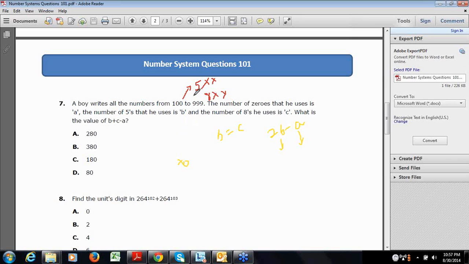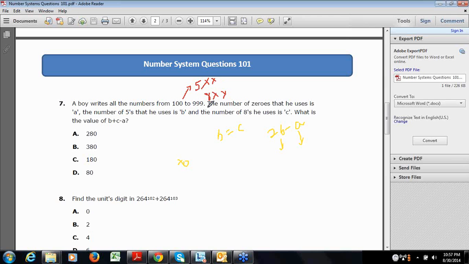Only difference will be when 5 comes in the 100th place. If it comes at 100th place, it will be a form of 5xx. Similarly, 8 comes at 100th place, it will be form of 8xx. So from 100 to 999, both of them come in this.